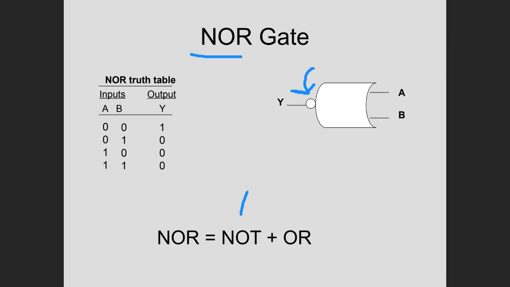If you remember the output of the OR gate, the only time you had a 0 was when both switches were open. That's the parallel circuit. So you only had a 0 here. For all other states, you had a 1. Well, this is exactly the opposite. A NOR gate is the opposite of an OR gate.